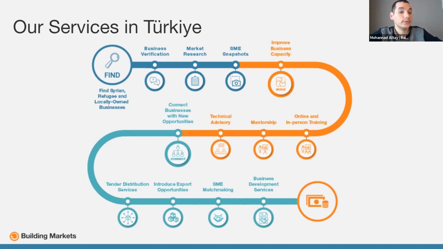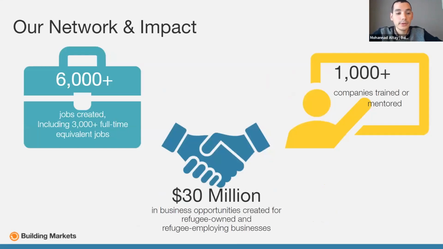This is, in brief, what we do, our services, and the services map, as we call it. Next, if you want to quickly see the impact of all the services I just mentioned, how we work together, and what the result is, we can start from here. So far we trained or mentored over 1,000 unique SMEs, and those businesses that we serve won $30 million in new business opportunities.